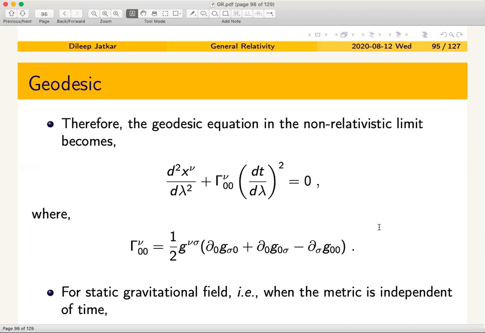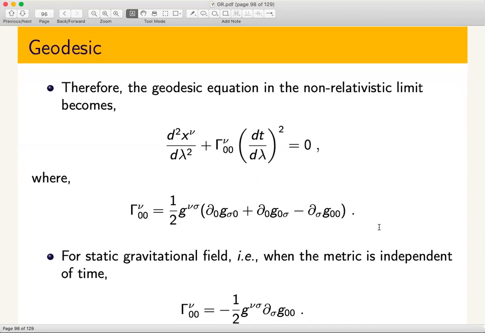Fine. So what we want to do is assume that the gravitational field is static. By static I mean that any component of the metric does not depend on time, so if you take a time derivative, that would just vanish. So you are taking the non-relativistic limit and at the same time taking time-independent metric components. It is not necessary to do this when you take the non-relativistic limit, but the kind of problem that we are looking at is a static gravitational field.